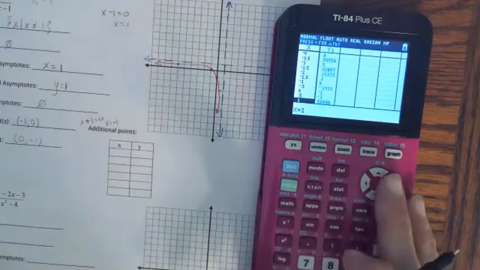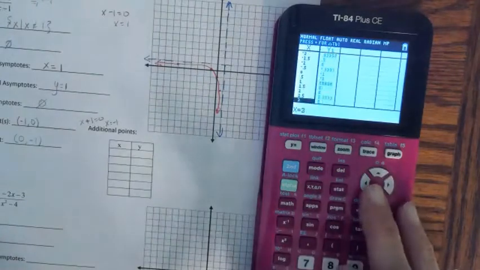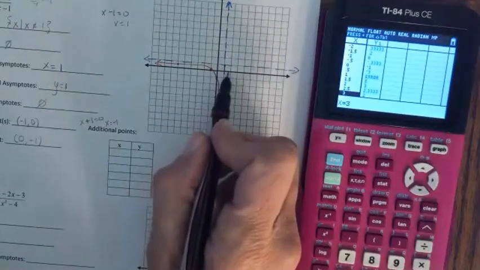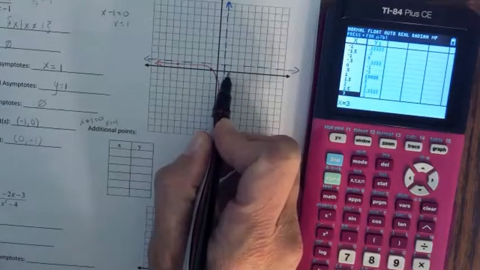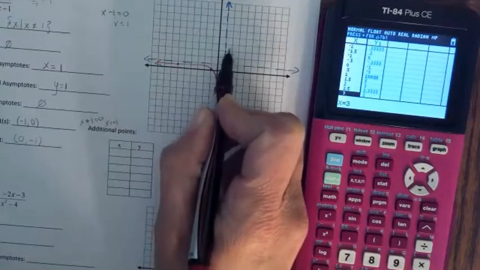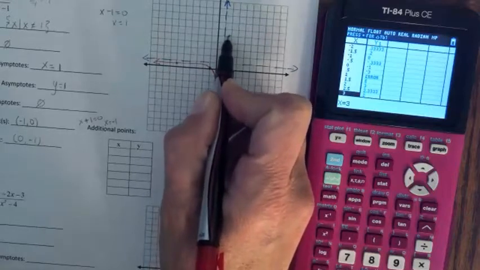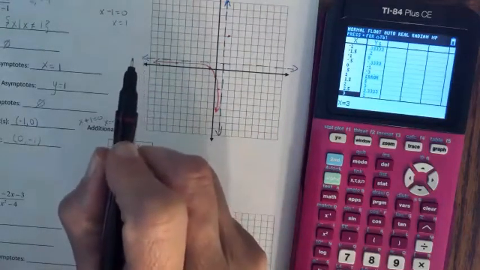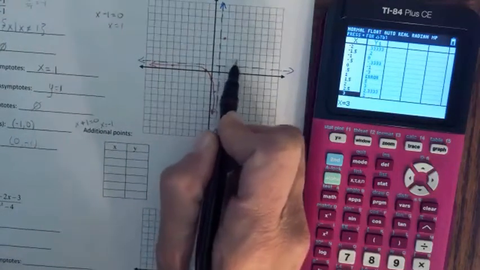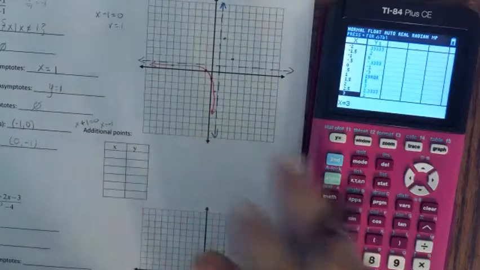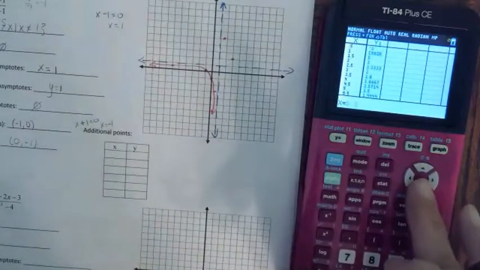And then I'm going to look at where x is greater. So at 1.5, I'm at 5. 1, 2, 3, 4, 5. At 3, I'm at 2. And then let's see.